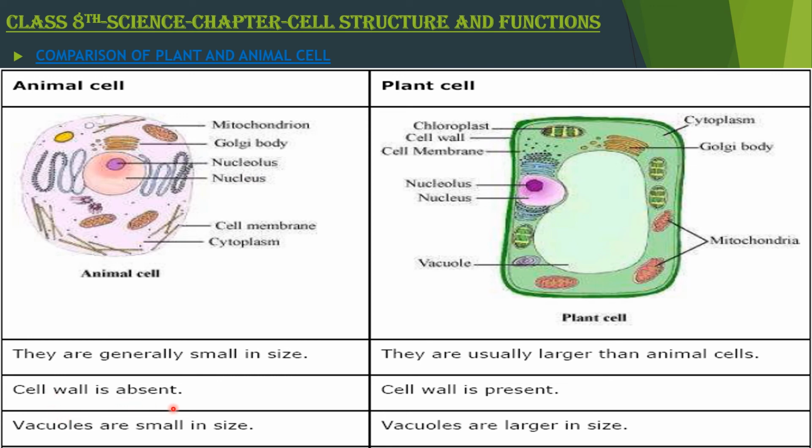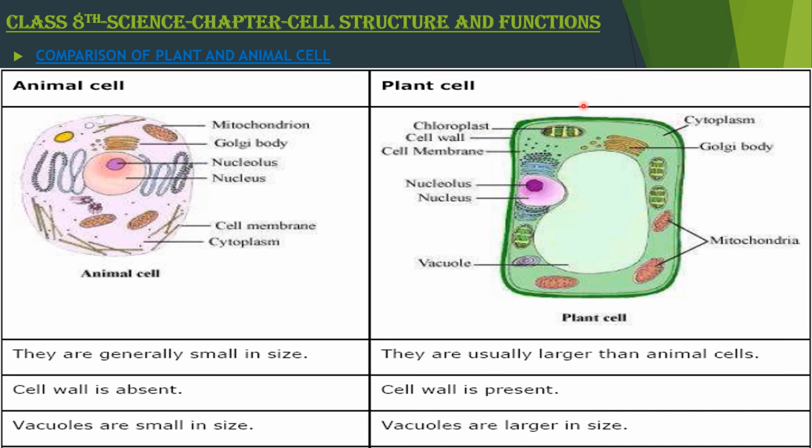Cell wall is absent in animal cells and present in plant cells, and vacuoles are smaller in size. As you can see, the vacuoles are very small in the animal cell. In plants, the vacuoles are very big. As you can see, this vacuole is much larger in size. So at last I would like to say that the cytoplasm is present in both the animal cell and the plant cell.